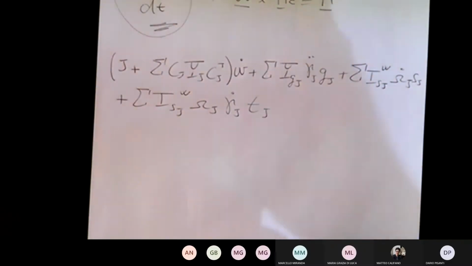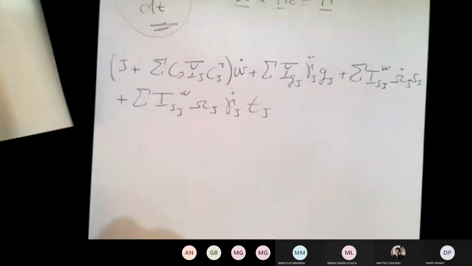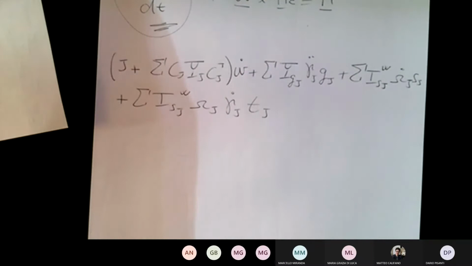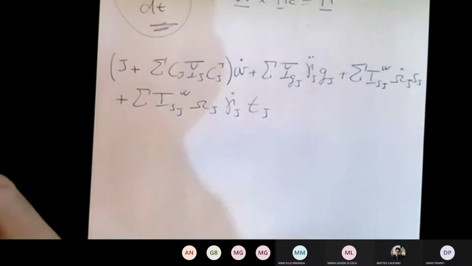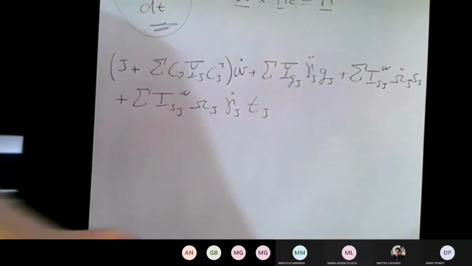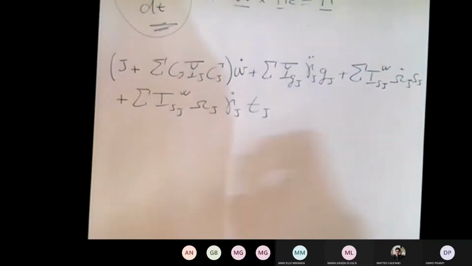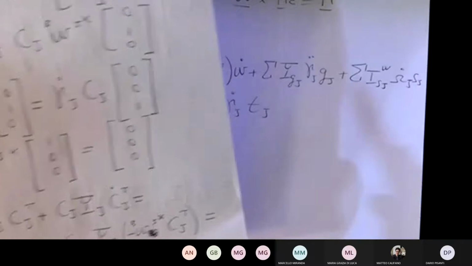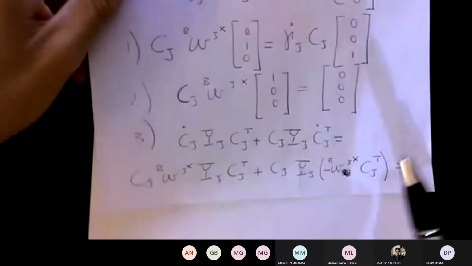And this is coming from this simplification that we made, one of the three observations that we made. Where did I put it? One second. Okay. That's pretty much coming from here.